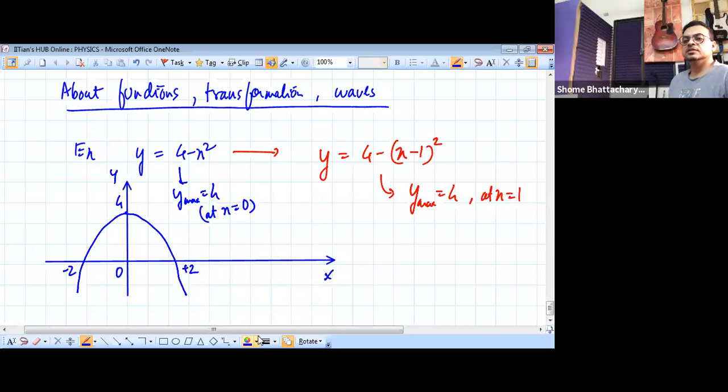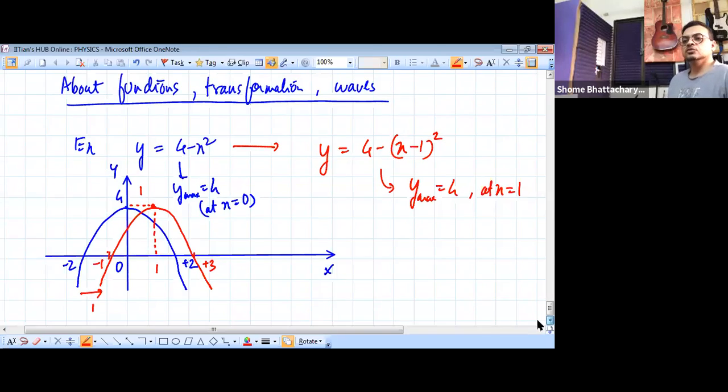So you can see that this whole function shifts by 1 like this. This point goes to plus 3. This point goes to minus 1. So the whole function shifts by 1.